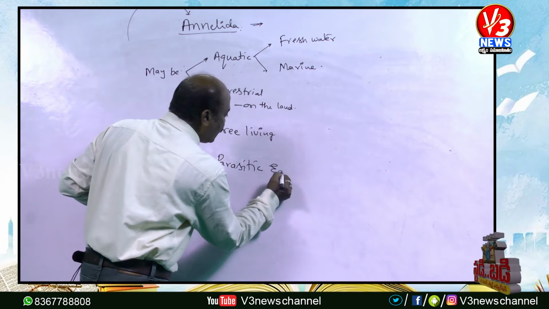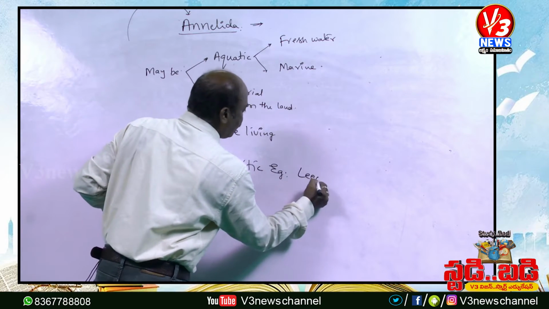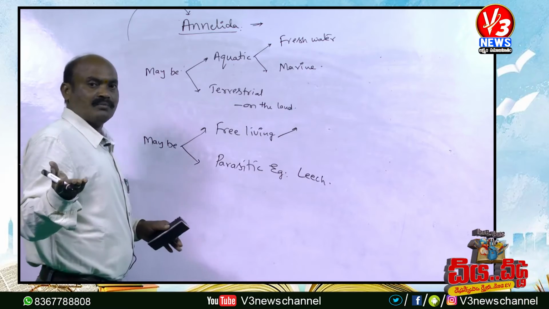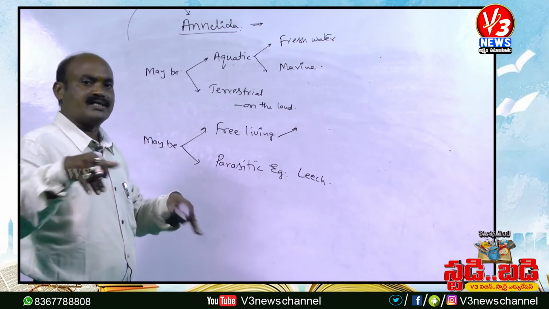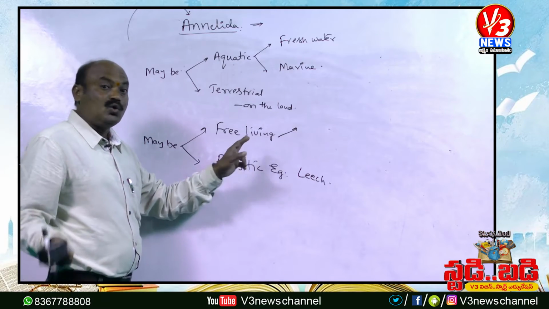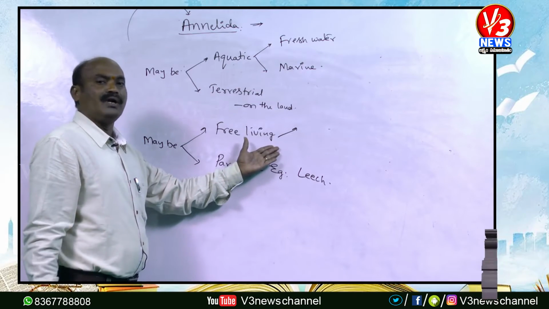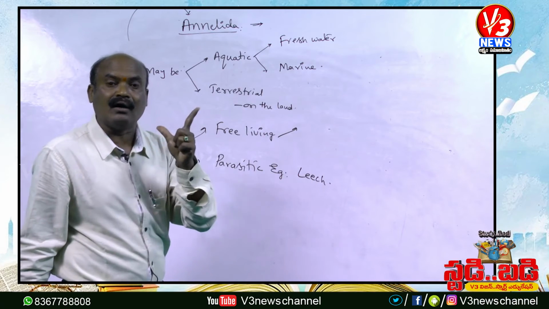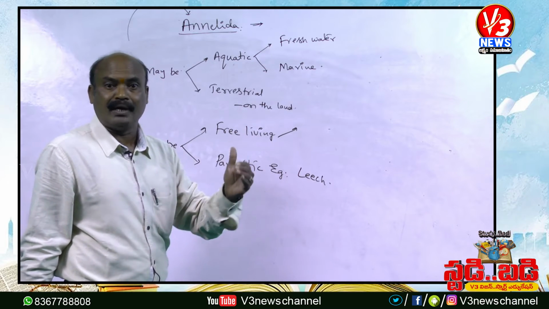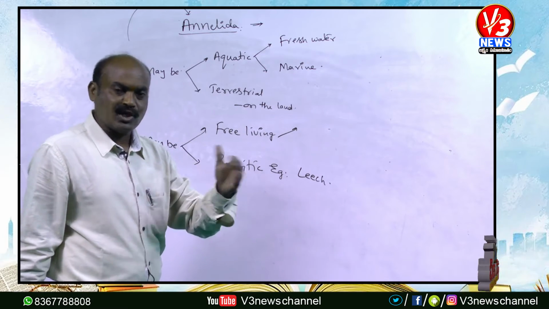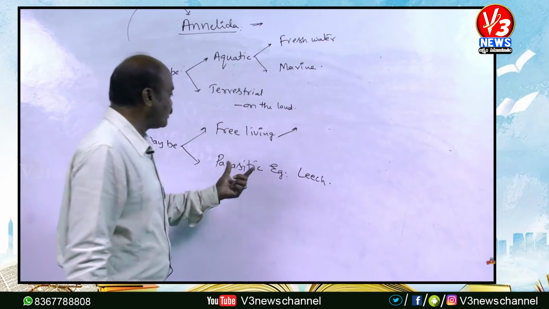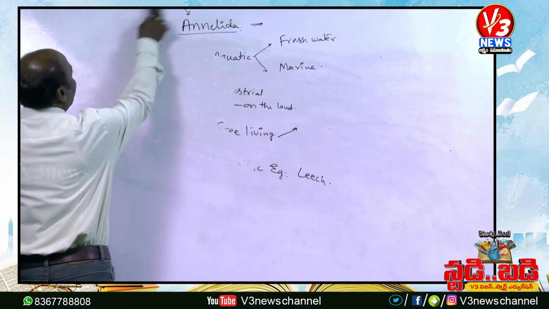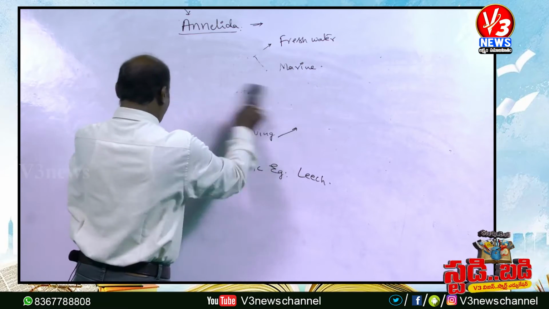Free living examples are earthworms, tubifex, nereis, etc. Free living means they do not depend on others. But some are parasitic, they depend on others, they suck the blood of vertebrates, not only human beings. That's why they are parasitic. Now, the characteristic features of the phylum Annelida.